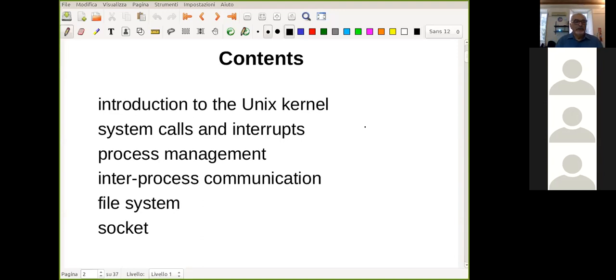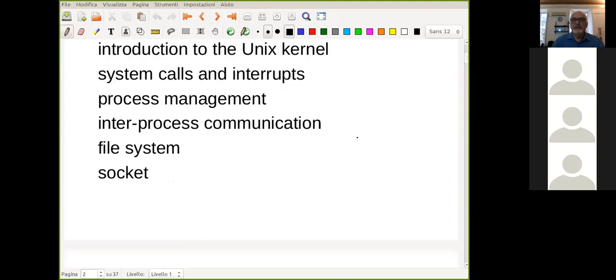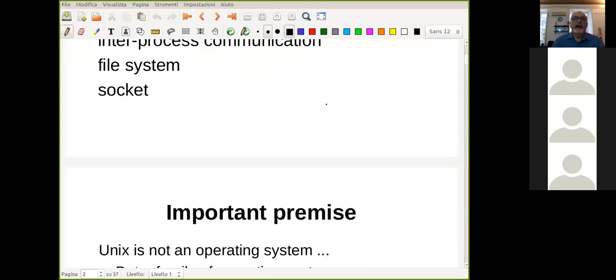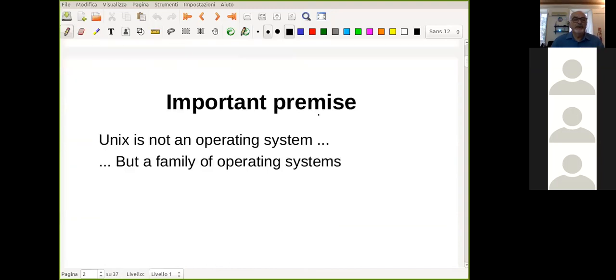We will talk about system calls and interrupts, process management. So finally, we will know what is a process from the point of view of the operating system, and the IPC, inter-process communication, file system, and sockets. Sockets will be the last topic of our course, and has to do with how communication between processes in the network is implemented at the low level.